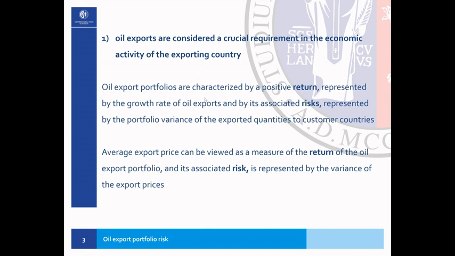However, the variability of the customers, that is, the variability of the portfolio of exports, has an associated risk, which is the variance of the exported quantities to the customer countries. We can do the same reasoning, rather than in terms of growth rate of oil, in terms of the oil price.